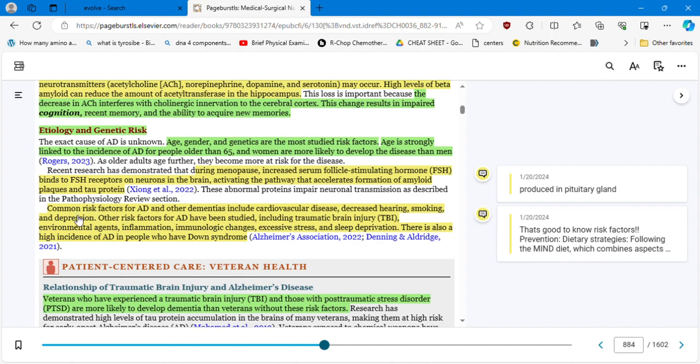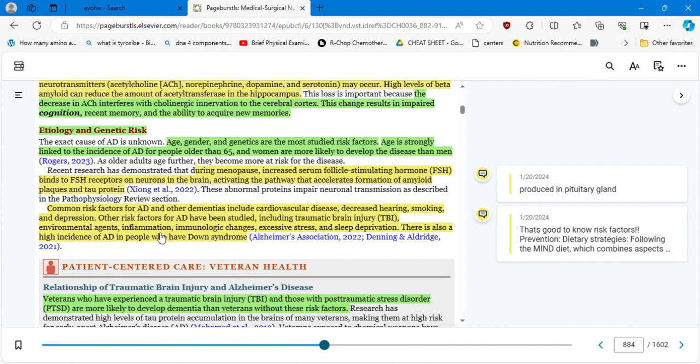Also, and this is good to know, common risk factors for AD and other dementias include cardiovascular disease, decreased hearing, smoking, and depression. Other risk factors for AD have been studied, including traumatic brain injury, environmental agents, inflammation.